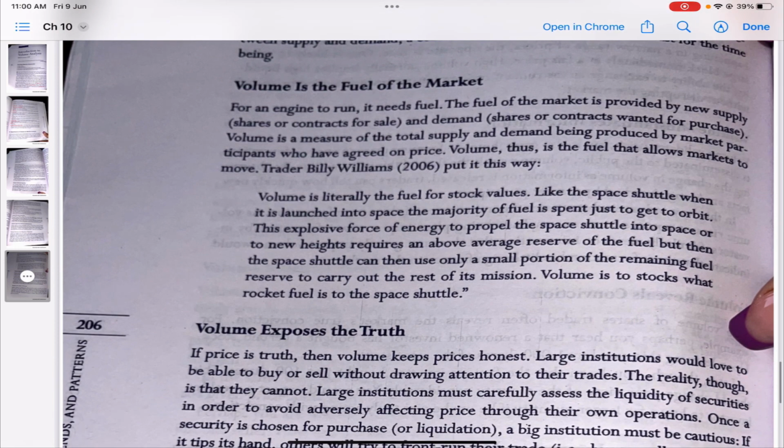So volume is the fuel of the market. It is literally the fuel for the price. You need volume for the price. If you want a healthy rally, a healthy uptrend, then the volume should keep fueling it. If the volume is not fueling it, then the uptrend is going to subside very soon.